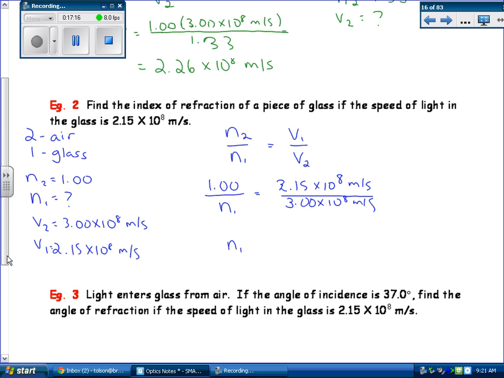I'll put it in here just so that you can tell if you've done it right. Yep, 1.40. So whether you chose to make air 2 and glass 1 or air 1 and glass 2, you're going to get the same answer.